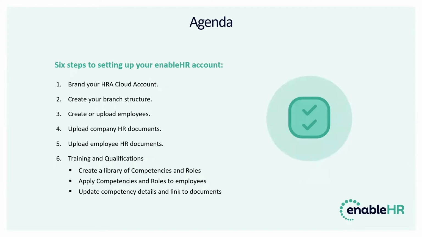In this session, we're going to take you through the first steps of setting up your enableHR account to get you up and running for your ongoing use of enableHR.